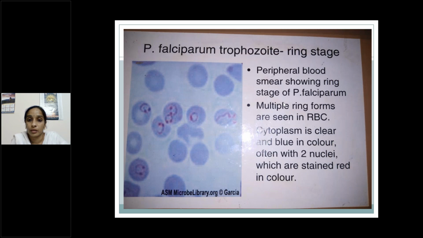First point, peripheral blood smear showing ring stage of Plasmodium falciparum. Next point, multiple ring forms are seen in RBC.